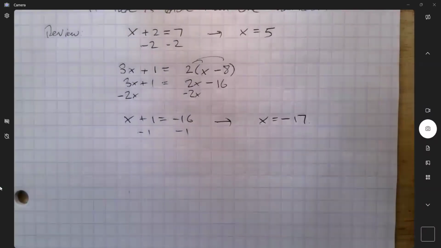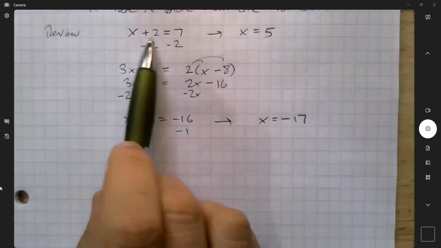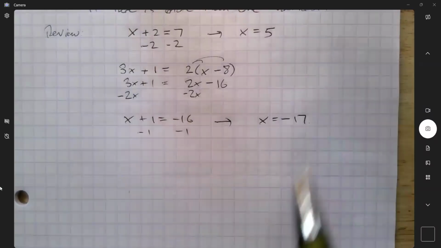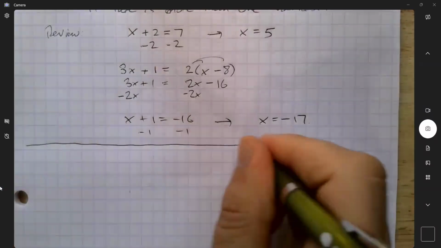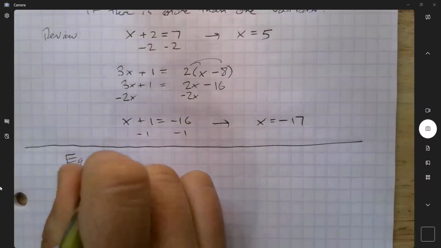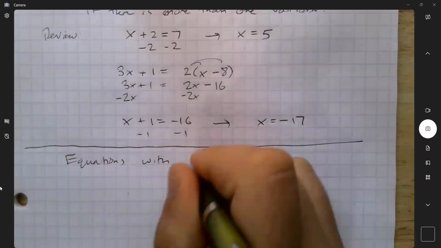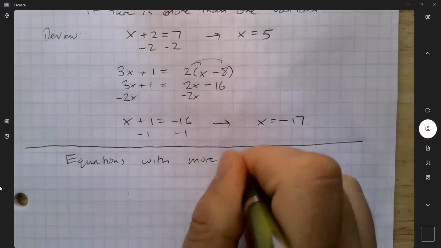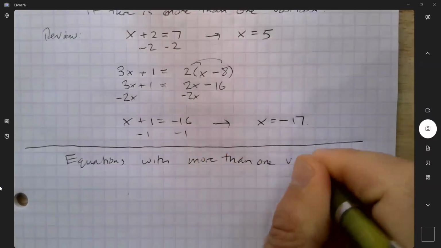However, these situations involve just one unknown variable, but we can also have equations with more than one variable.